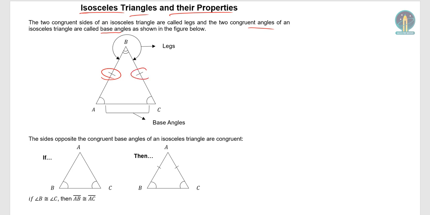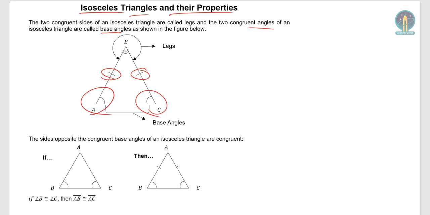and then we have these legs, which are both around the vertex, so the vertex is between the legs. And the base angles are opposite to the legs.